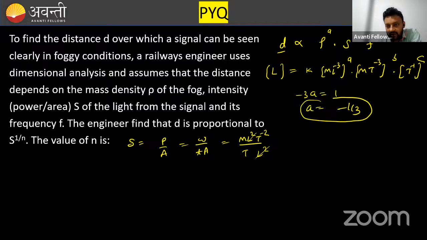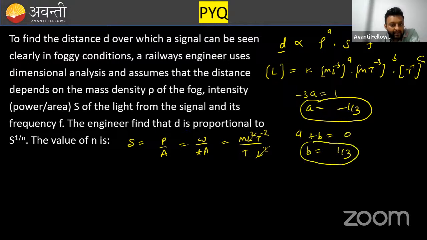This is the value of a. And we need S की power, that is b. If I compare the power of M, it will be a plus b is equals to 0. So b is equals to 1 by 3.